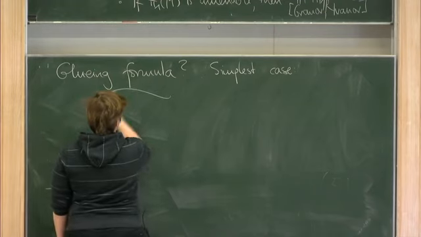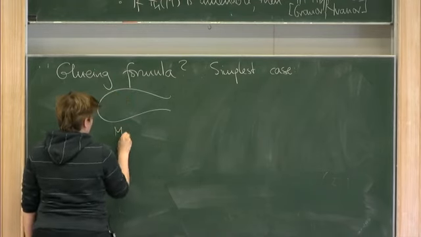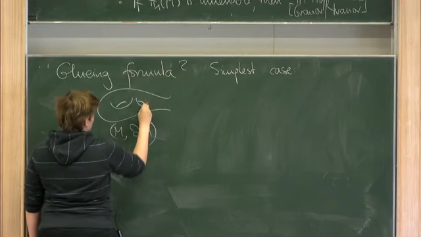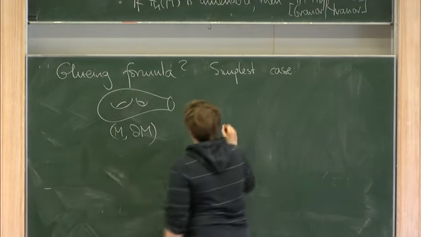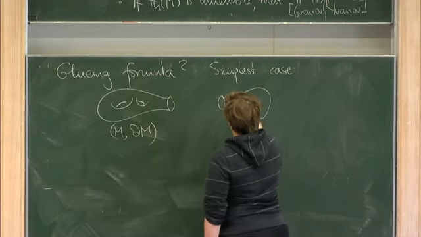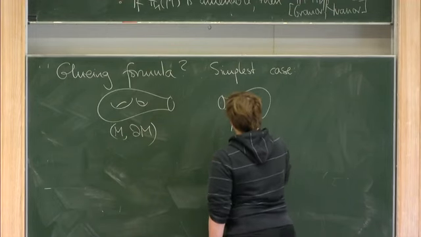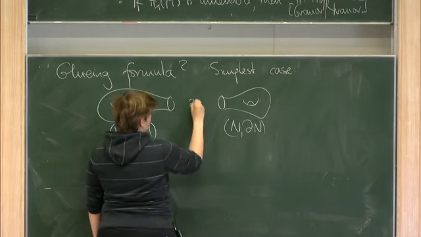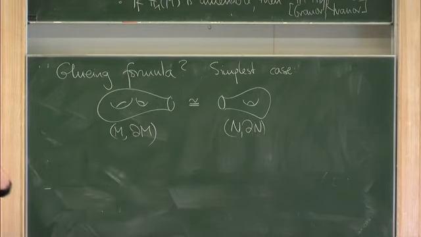So we have a manifold M with boundary dM, and on the other side some manifold N with boundary dN. They have the same dimension, and we have a homeomorphism between the two boundaries.